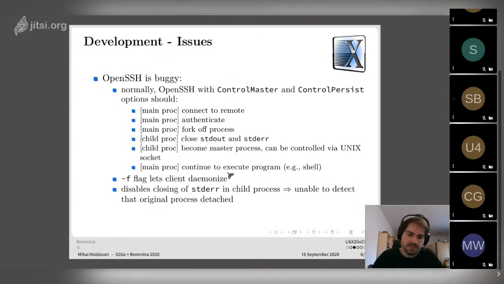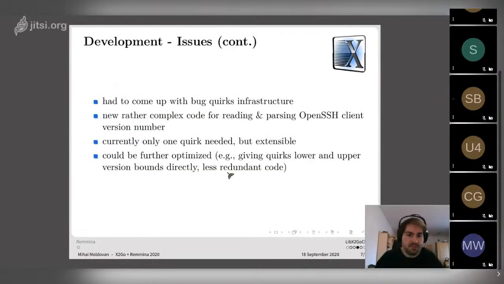indefinitely. Unfortunately, this flag has the side effect of basically sidestepping the fix that was implemented for the ControlMaster and ControlPersist operation, which means that stderr in the child process stays open, stays connected to the controlling terminal and to the controlling library, and we cannot detect whether the program actually stopped and detached, so forked into the background and then the original program went away, or whether the child is still executing, because both programs are connected via the stderr pipe. I had to debug this quite extensively and came up with a solution.